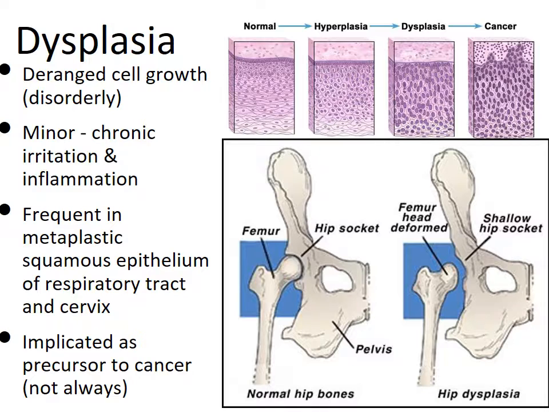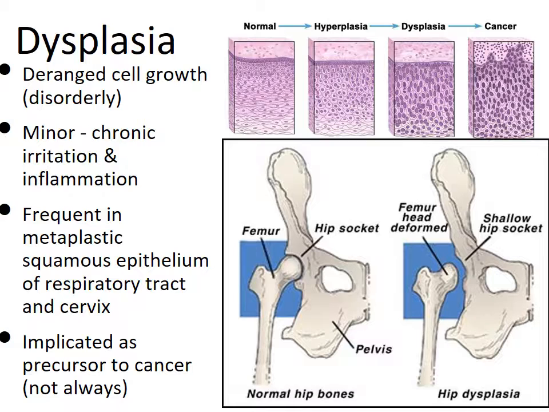So if they're abnormal, it is considered adaptive and it's reversible after irritation's removed. However, if there's quite a bit of dysplasia, it can indicate the beginning of or indicate as a precursor to cancer.